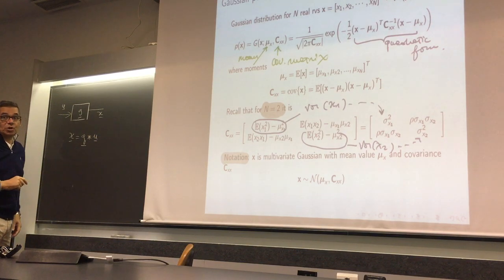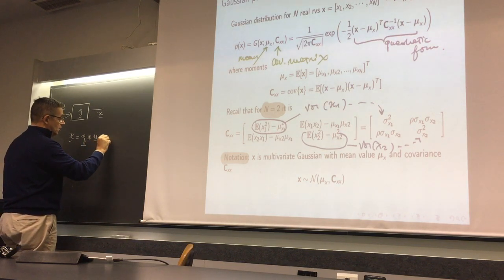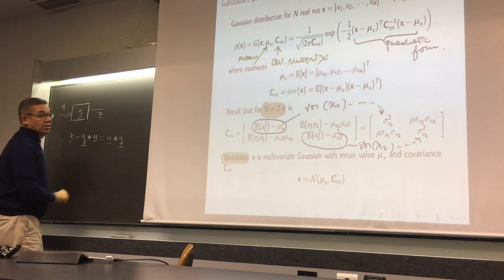This is a compact notation. I can also swap them, so it is the U vector convolved with the G vector.